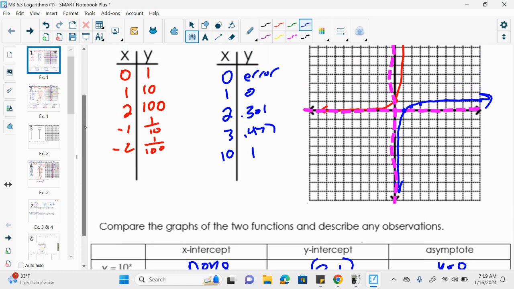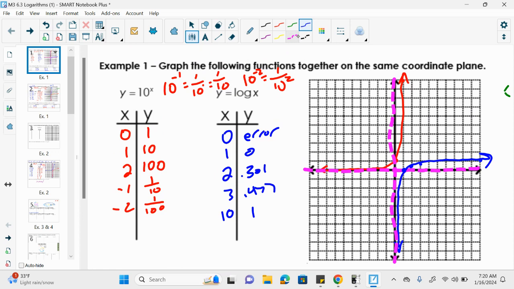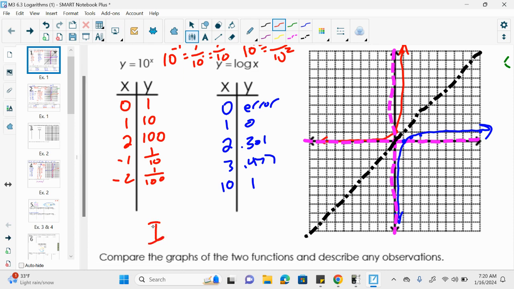Okay. So what we're seeing is these are inverses of each other. Remember, an inverse would be a reflection across the line y equals x. So we're flipping it over that line there. Okay. So let's just make a note. They are inverses.